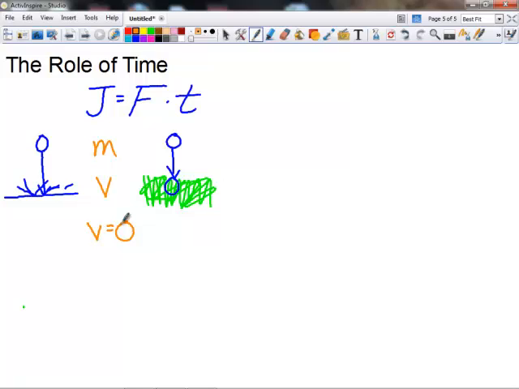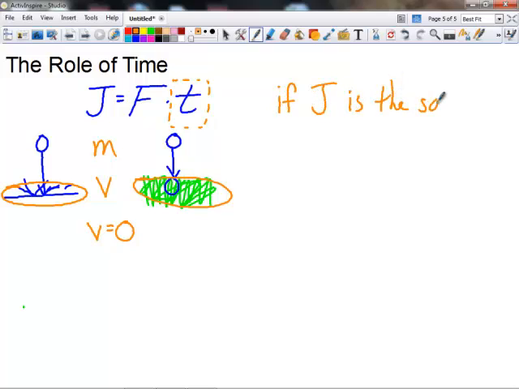But what's different when you hit the nice hard sidewalk versus hitting the nice soft grass? Okay? And the answer is this time. Okay? If the impulse is the same, and t increases, we should be able to recognize that force will decrease.